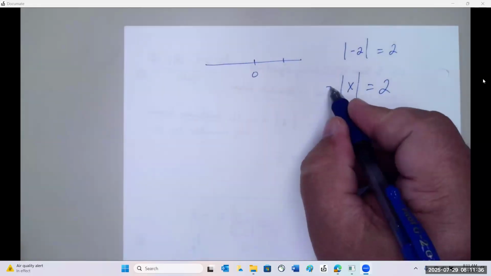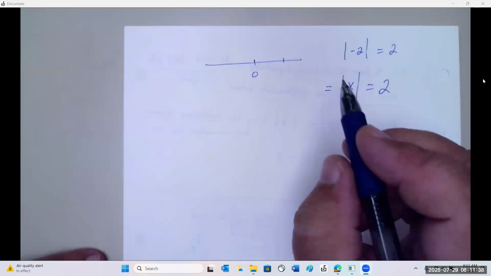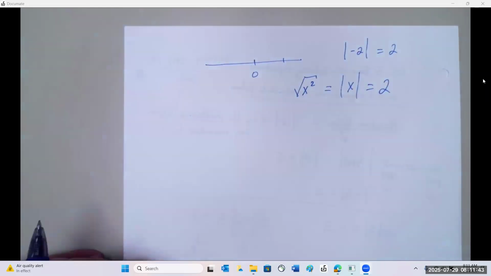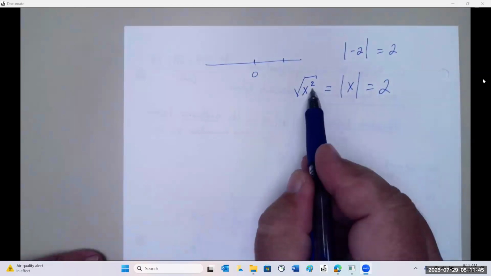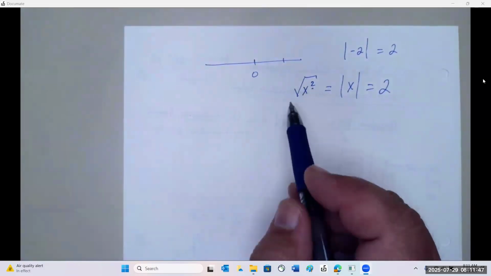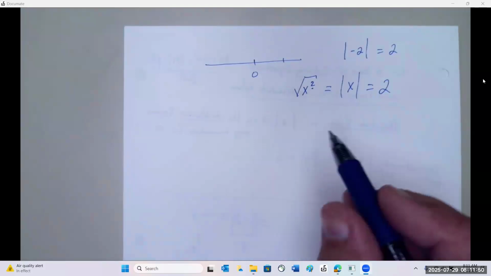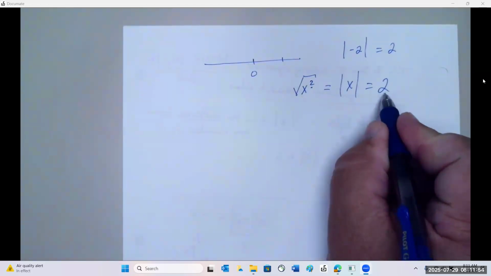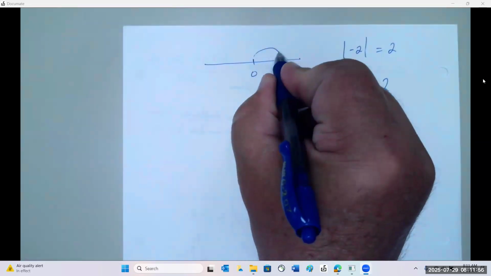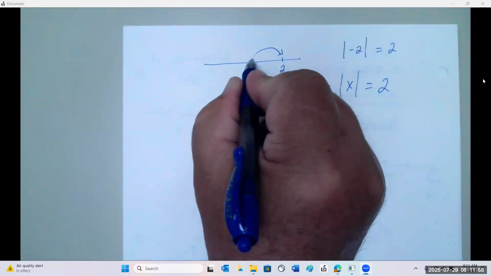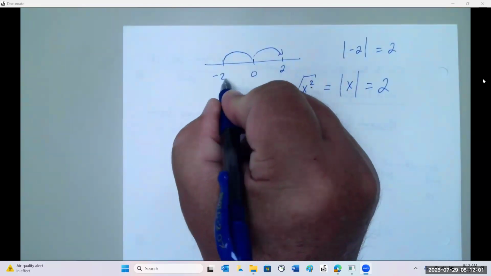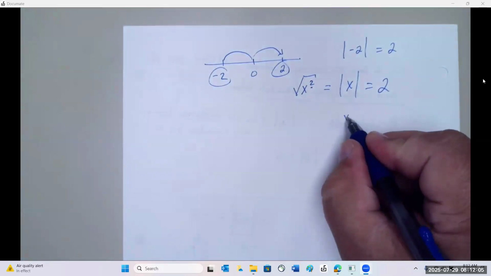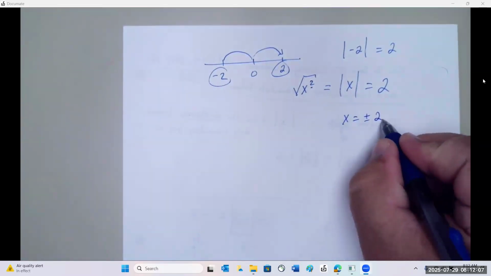What's the formula for absolute value? What's the degree? 2. We have to have 2 answers. So if I say the absolute value of x is 2, here's 0. So it can go this way 2 spaces, or it can go this way 2 spaces. Those are my 2 answers. So x is equal to positive and negative 2.